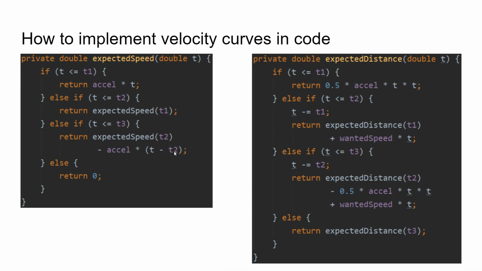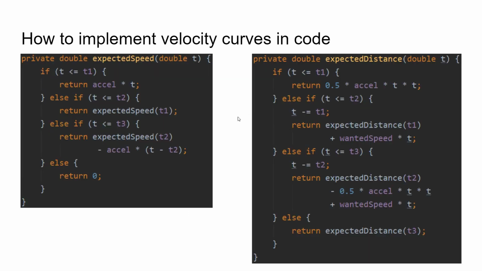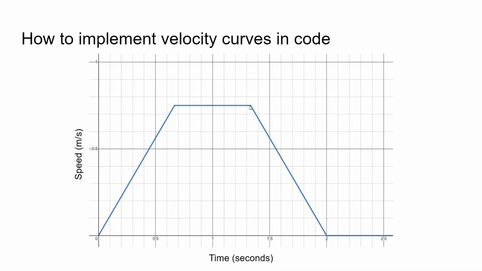And t minus t2 is, there's a couple ways to think about this. The simplest way is just to say it's like point slope form, right? You want this negative acceleration line to have an origin point at t2 comma max speed, basically. And if you remember point slope form, that's how you do it. Another good way to think about it is just to say this segment is beginning at time equal to t2.